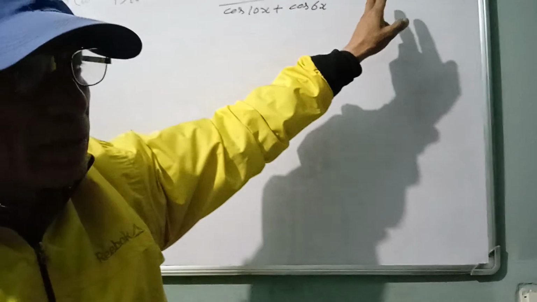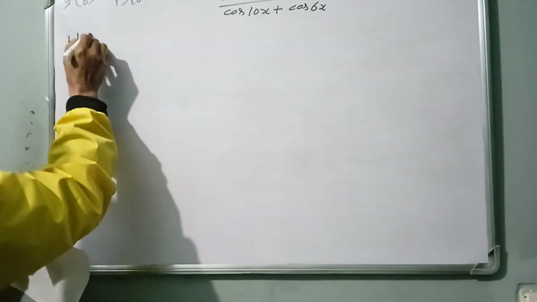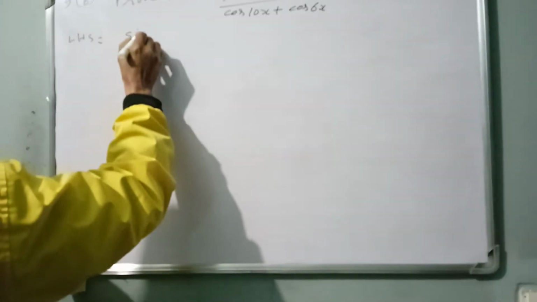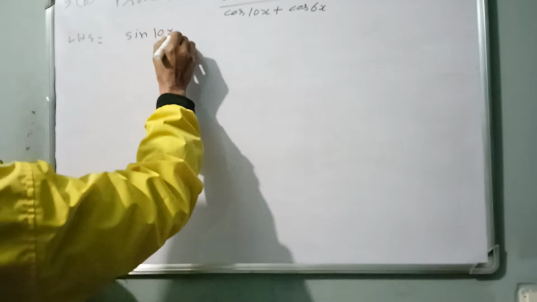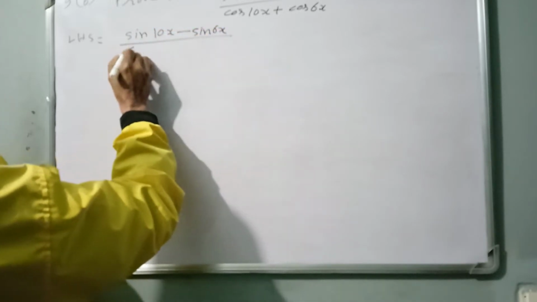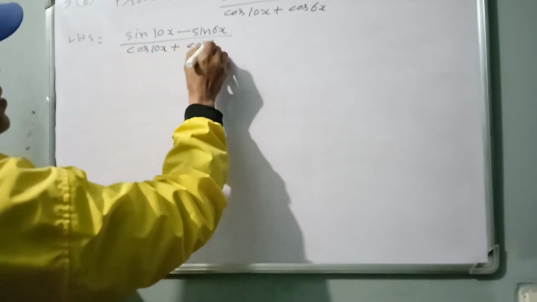If RHS is wrong, you can take it. See, sin 10x minus sin 6x. Just write down the LHS: sin 10x minus sin 6x by cos 10x plus cos 6x.